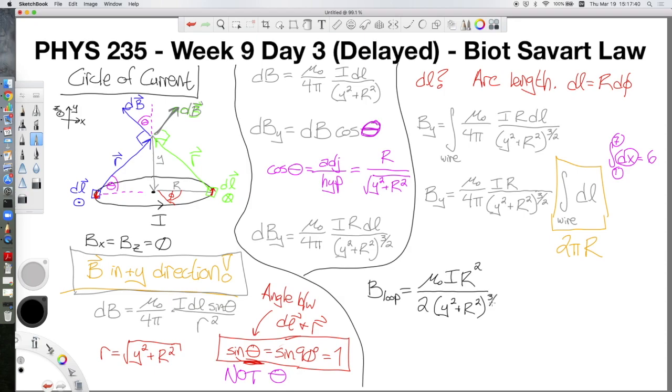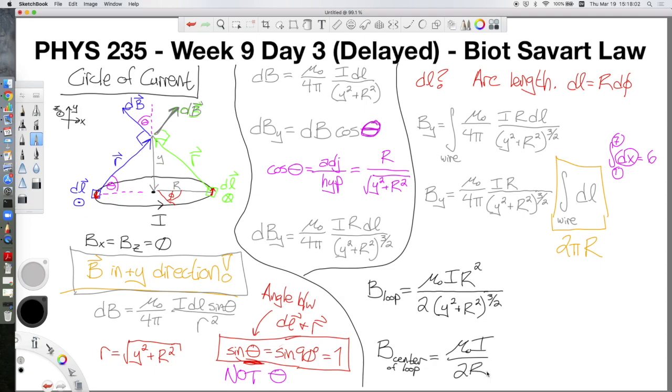Or an equivalent expression at the center of the loop is mu naught I over 2r.